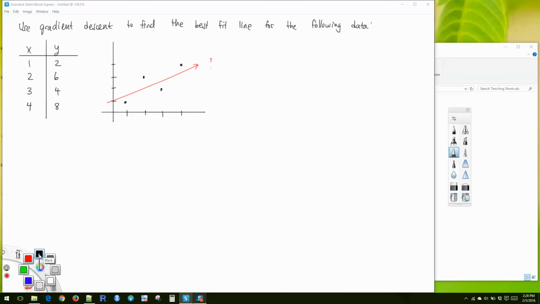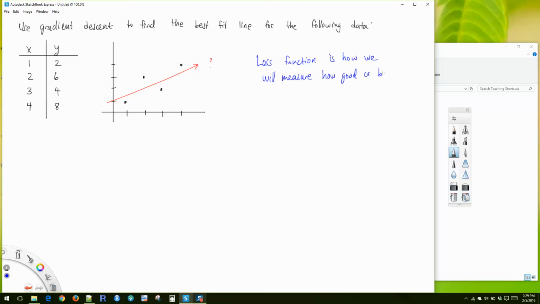So we have to define a loss function, which is how we will measure how good or bad our line of fit is.